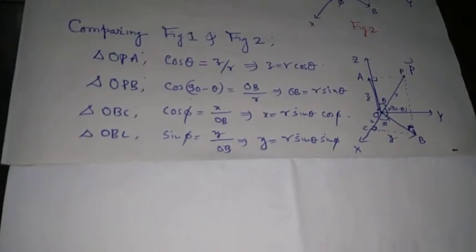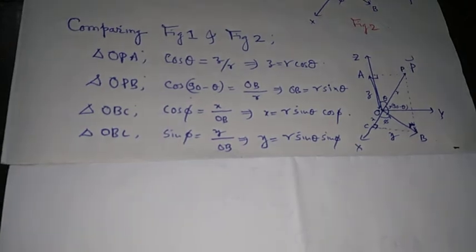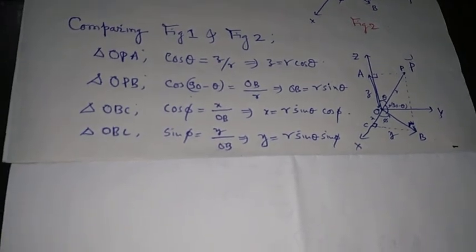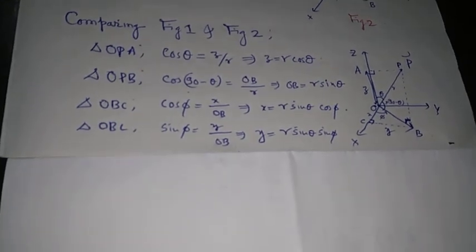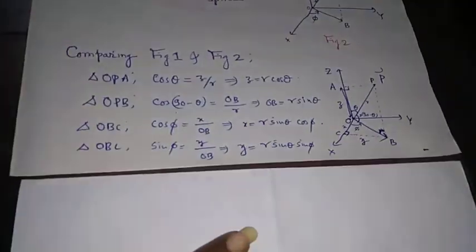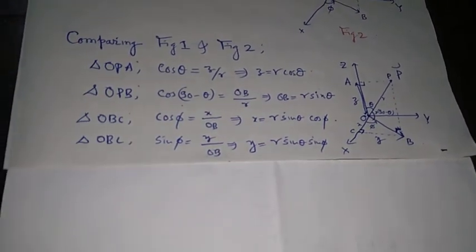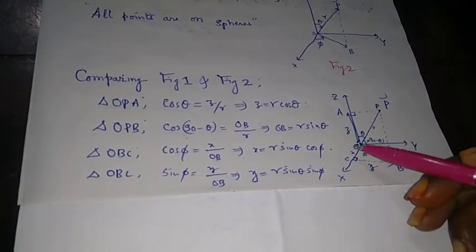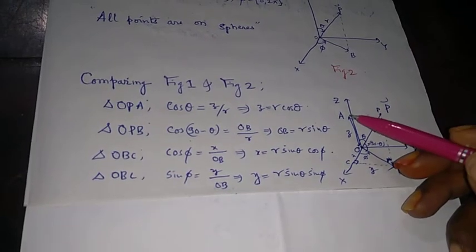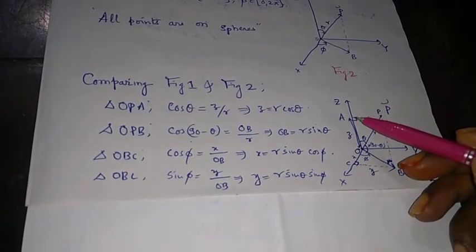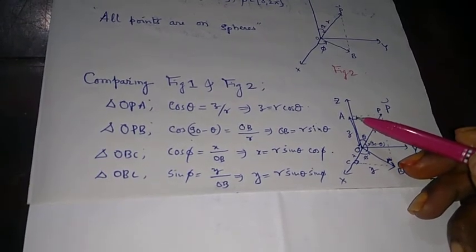If you want to relate these x, y, z components to r, theta, phi values, we can compare figures number 1 and 2, and that's what we have done here. In the triangle OPA, it's a right angle triangle, because here the angle is 90 degrees.